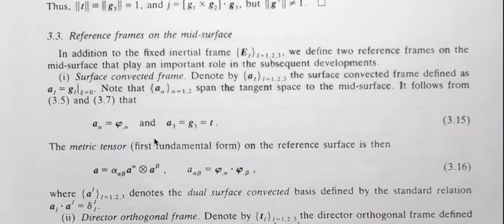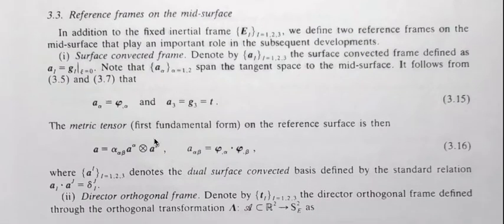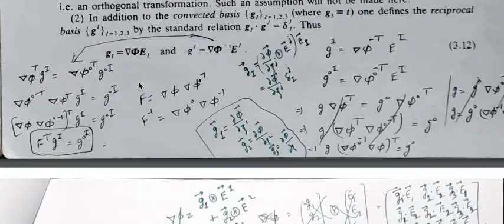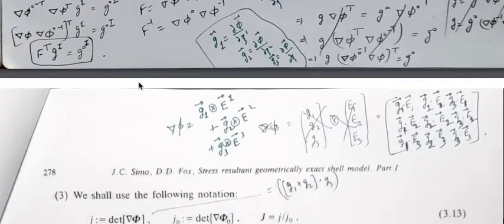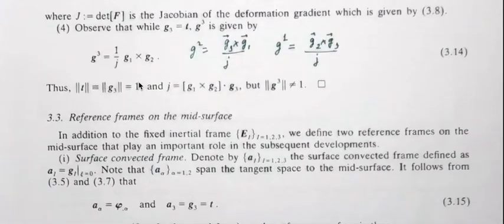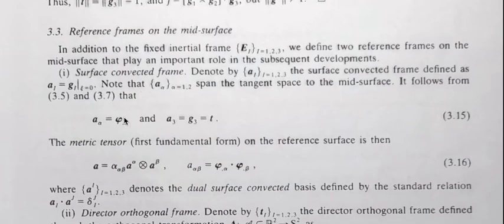And next we have two important frames of reference on the mid surface. So if we consider G, what we have defined over here as covariant vectors, if we take that G on the mid surface alone, that means phi comma alpha, and call it A alpha, that denotes the convected basis or surface.